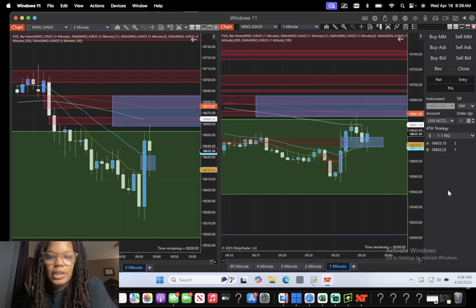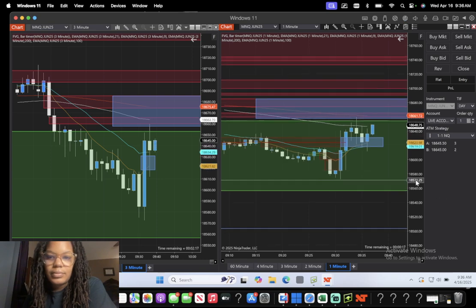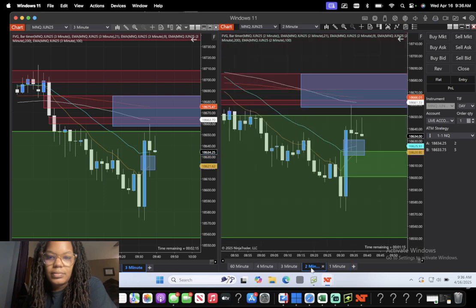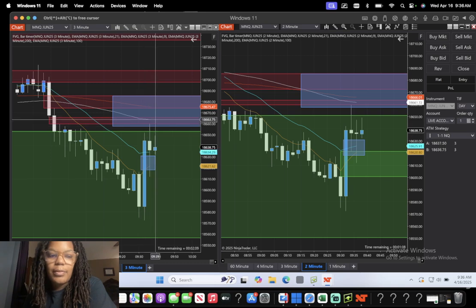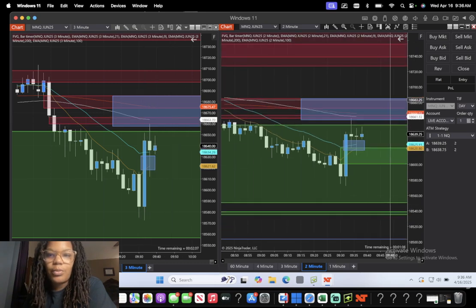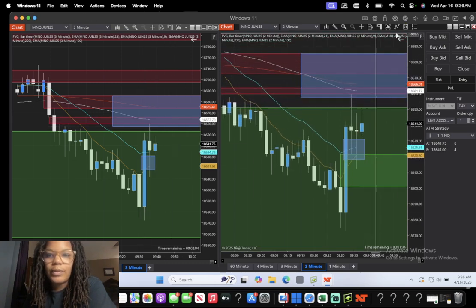We're still bouncing off these EMAs. Yeah, I want us to close above these 3 minute and 5 minute ones for me to get in buys. We have room, so we can wait for it to close above these.